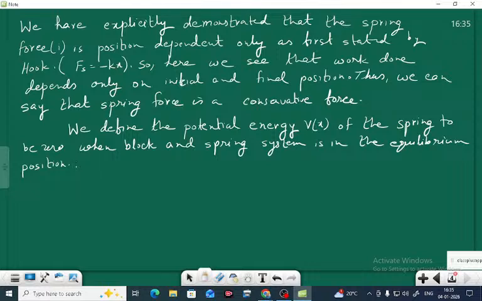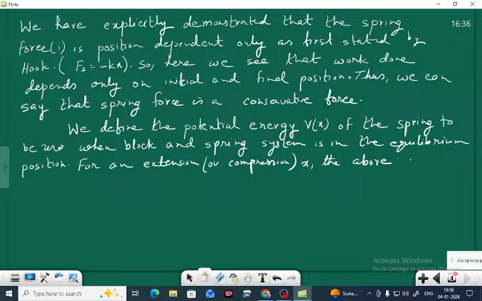For an extension or compression x, the above analysis suggests that the potential energy V(x) is equal to kx square by 2.